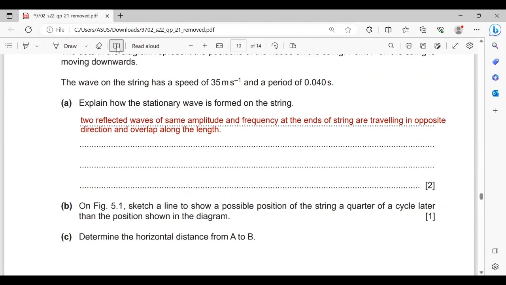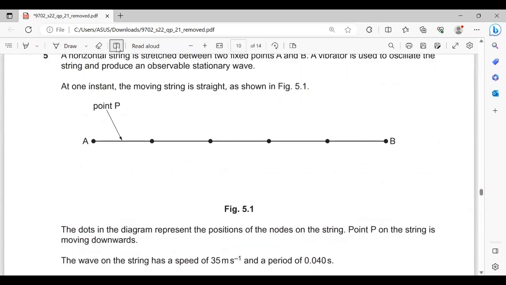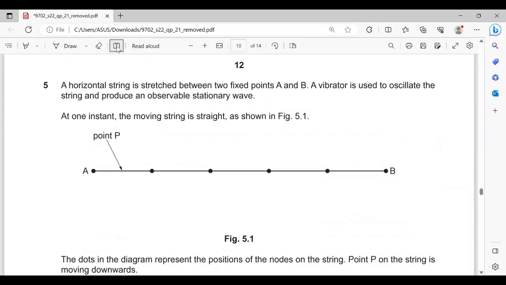On figure 5.1, draw a line to show a possible position of the string a quarter of a cycle later than the position shown in the diagram. Okay, now we return back onto this figure.